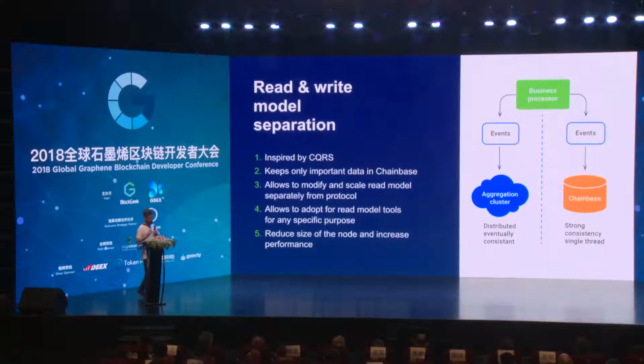As I already said, Graphene also processes read data in the business processor, which is single-threaded, in-memory and really fast, but it stores a lot of data there. LMAX never stores read data in a business processor, and the user interface of LMAX never reads from the business processor.